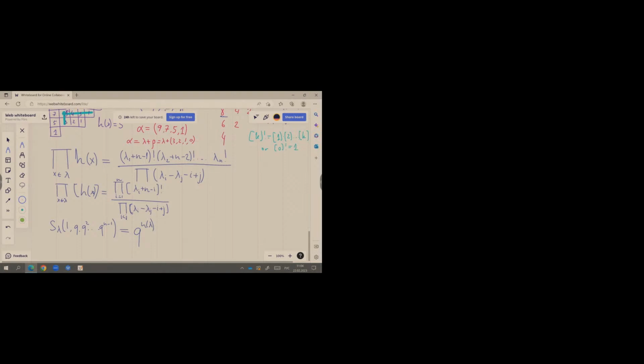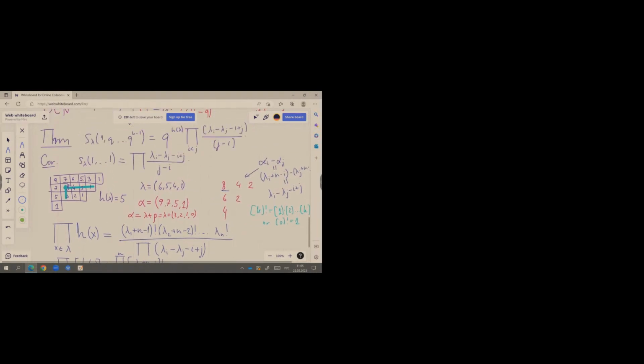We recall this last constant times the product of factorials, lambda i plus n minus i, from 1 to n, divided by the product of hook lengths h of x, the square brackets as well, times we also had the j minus i over there.